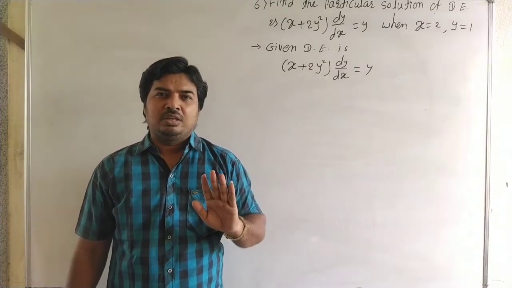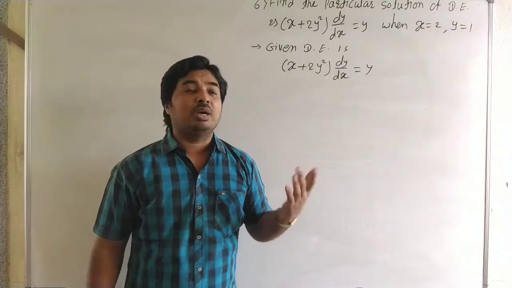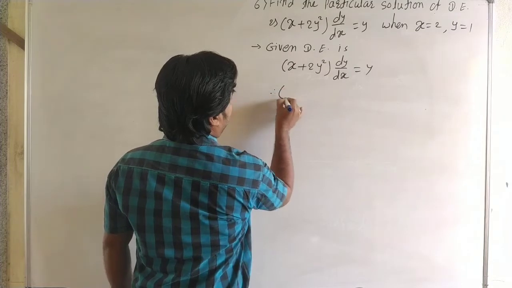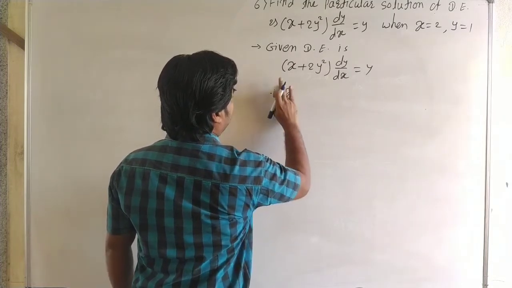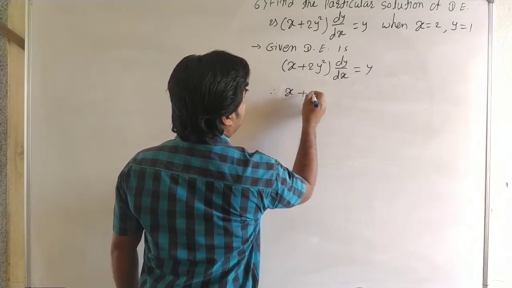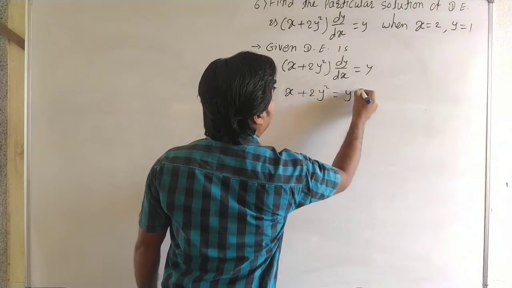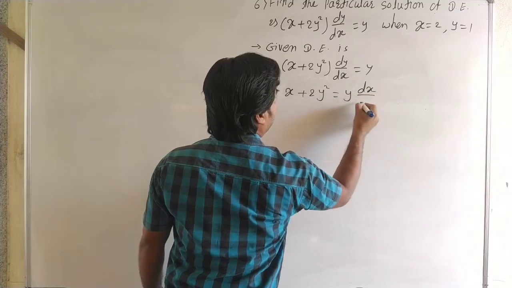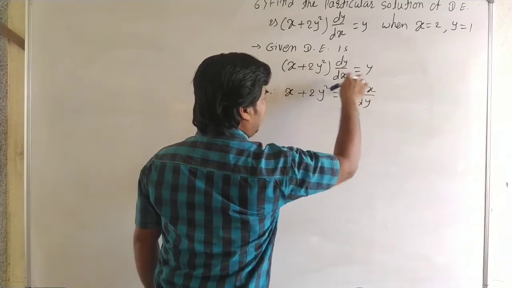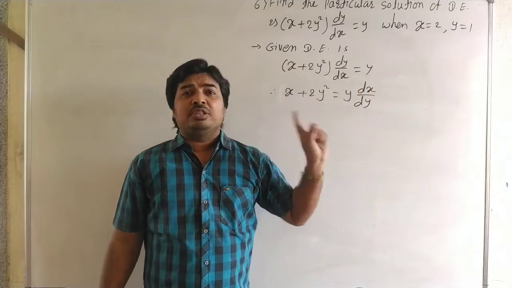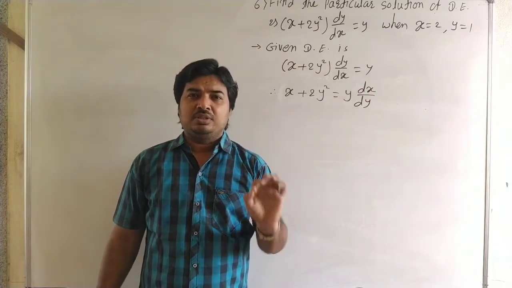That means we write the dx by dy form. Okay, here we write one more step. Therefore here it is x plus 2y square is equal to y into dx by dy. Here dx by dy, and now it is a linear differential equation in x.